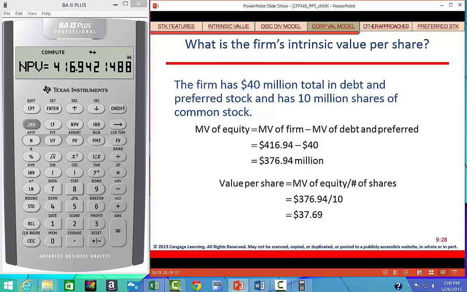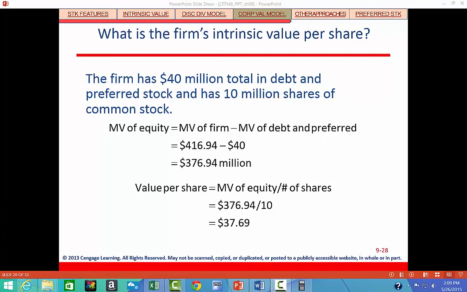And then if we have the number of common shares outstanding, which is 10 million, and since these are both in millions, we can write these shorter numbers and take that market value of equity of 376.94 and divide it by 10. And so we get an estimate for the stock price. The intrinsic value is $37.69. And again, as always, we would compare this number to what the stock is selling for in the market currently.